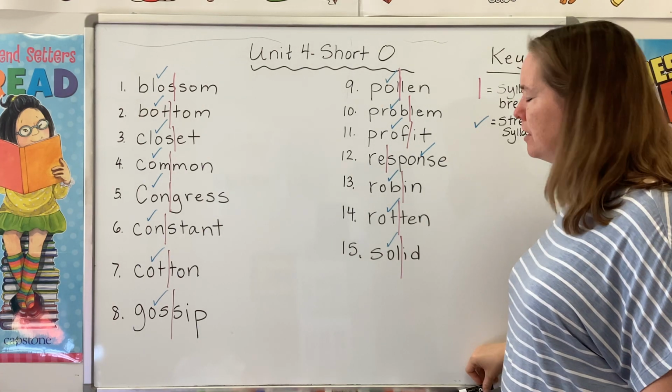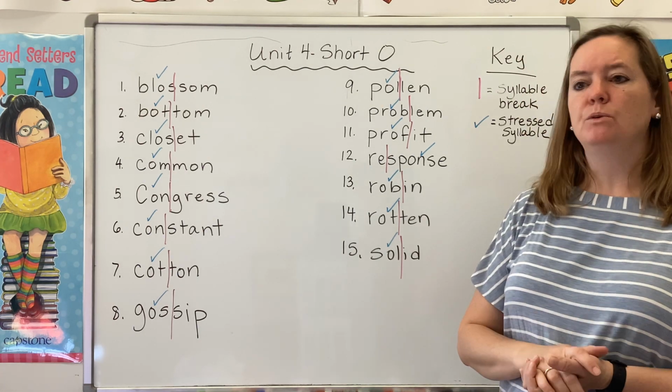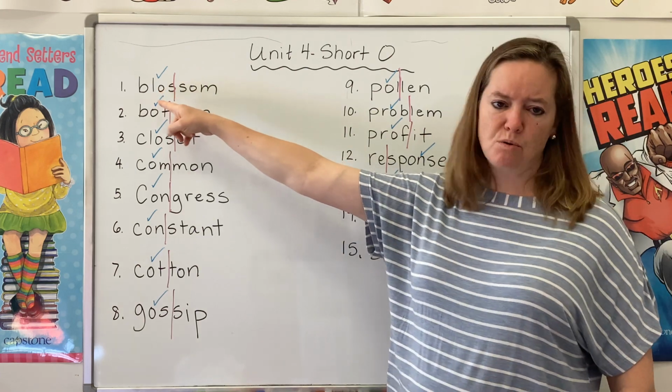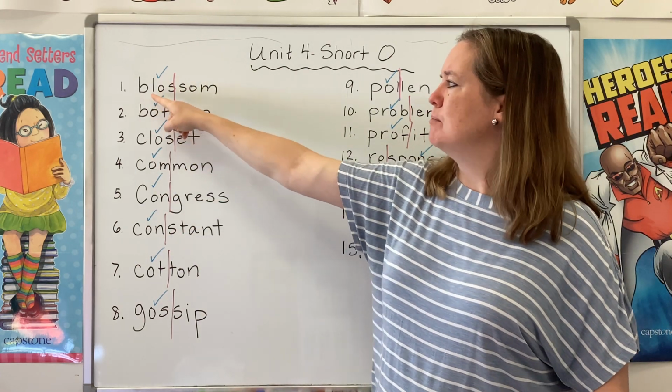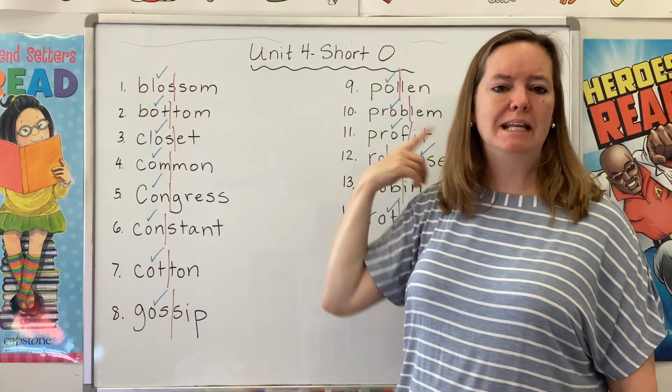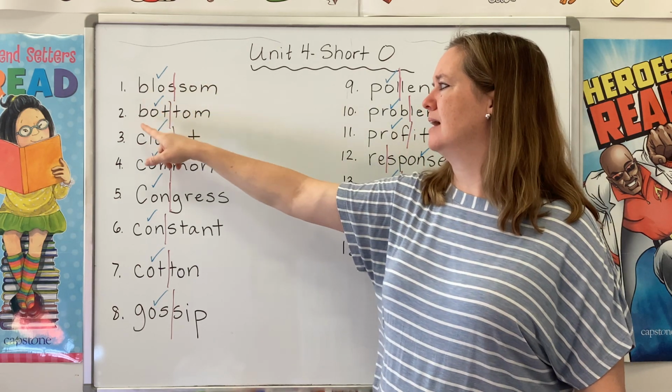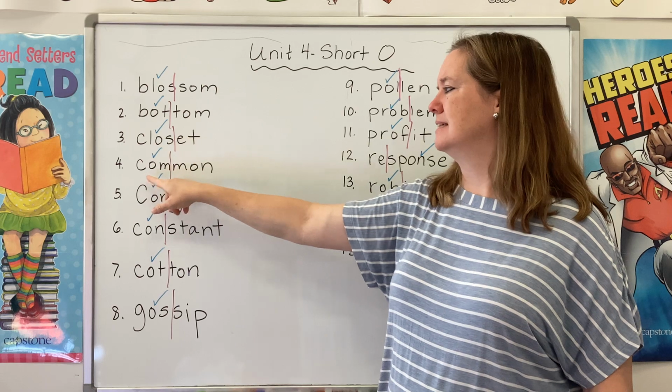That will be the part of the word that's easy for you to spell because it's got the short O, which you're experts on. It might have a blend, but you can sound out, you can hear all the pieces in blas, bot, claws, com.